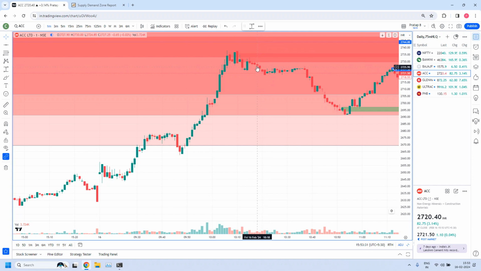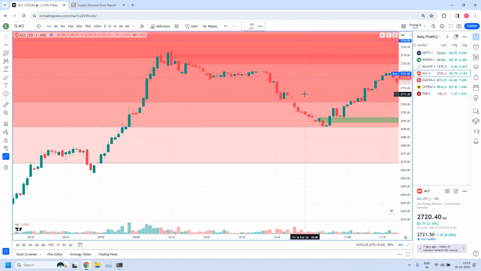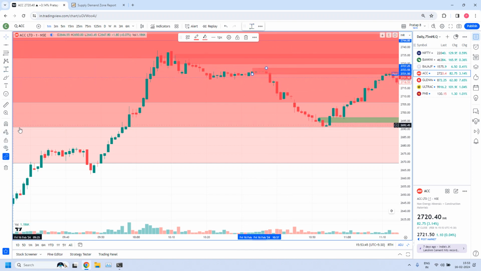Now after that, there was some kind of consolidation here and a zone is created. Another 1 minute zone is created here. Let me add magnet so that it will be adjusted exactly.